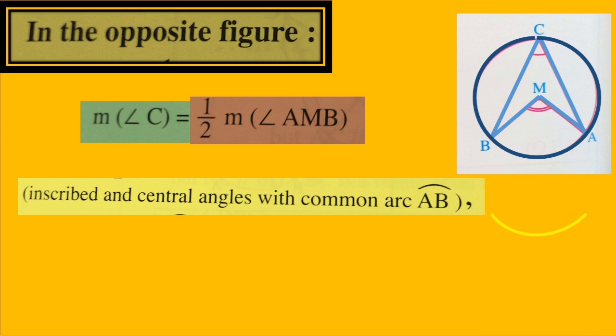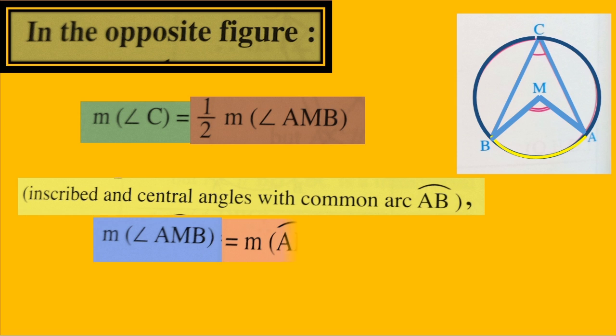Then the inscribed and central angle subtended by the same arc: the inscribed angle equals half the central angle. The central angle here, angle AMB, the measure of the central angle equals the measure of the arc. Where is the arc here? The arc AB.